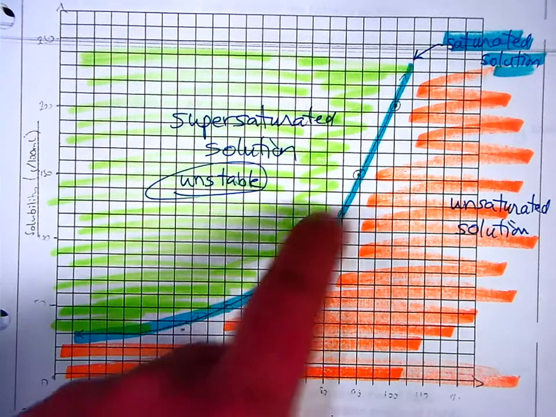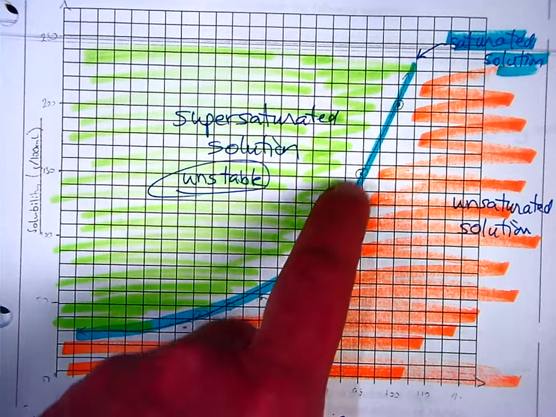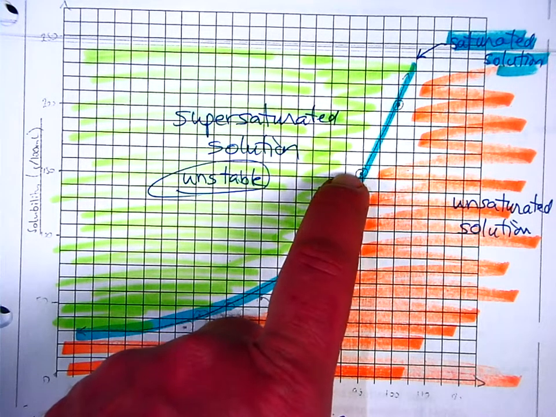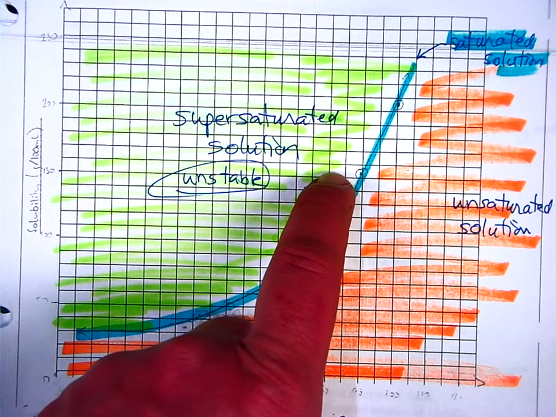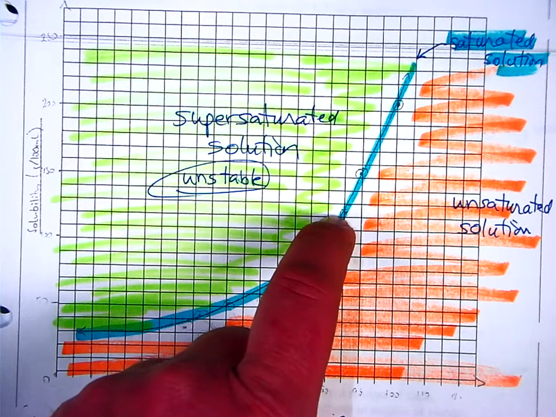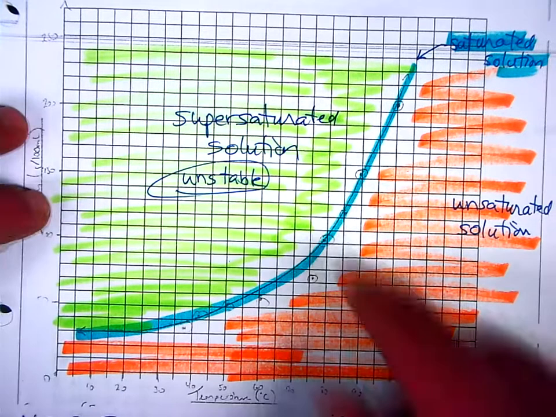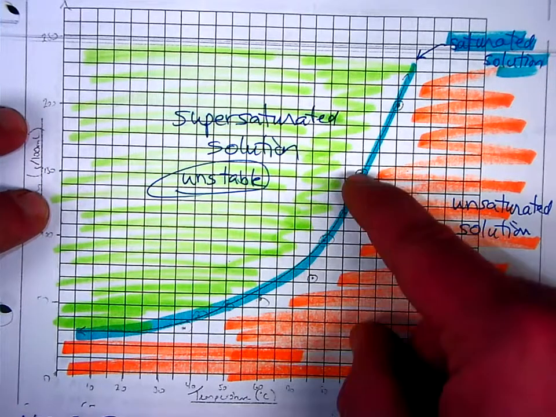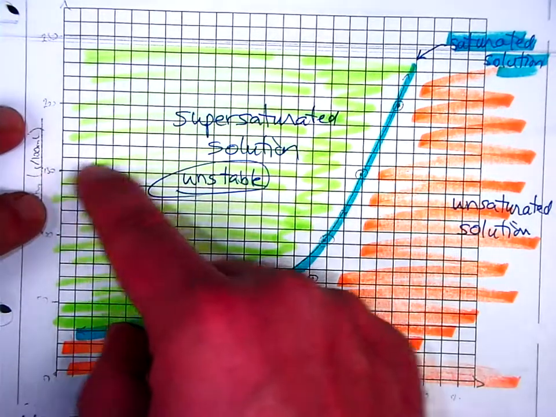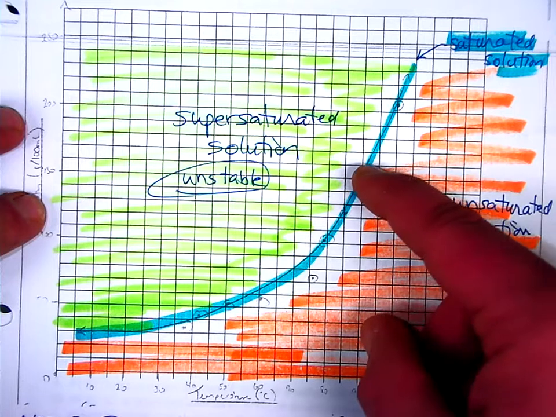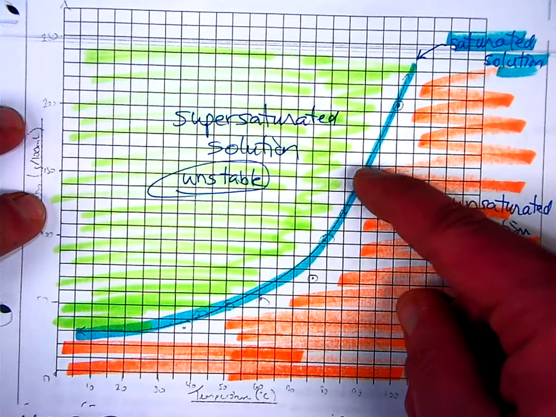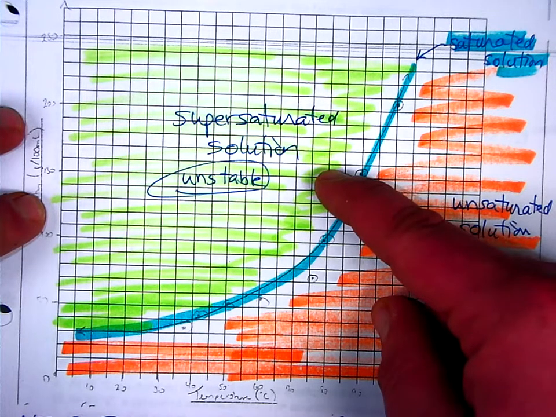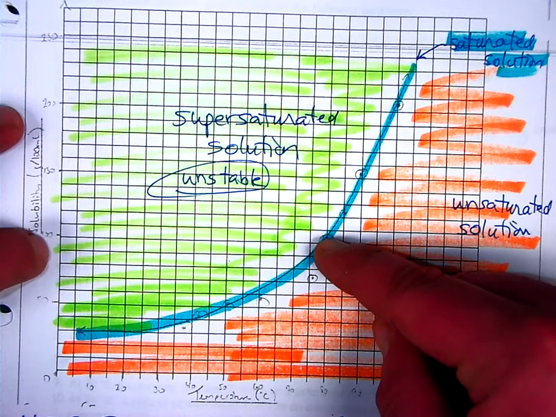So if you get into this region, say somehow you had a saturated solution, you cool it slowly, this is how you do it. You have more than you should, probably by the height from the curve. So say we're looking at 90 degrees, that's about 150-ish. And if we cool it down by 10 degrees to 80, it should really only have about 100.